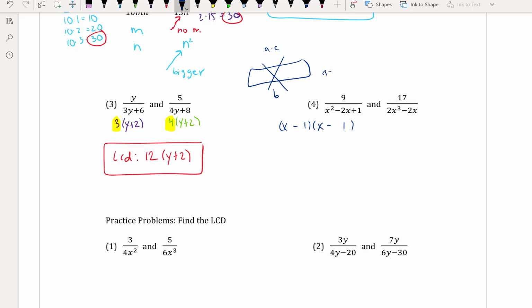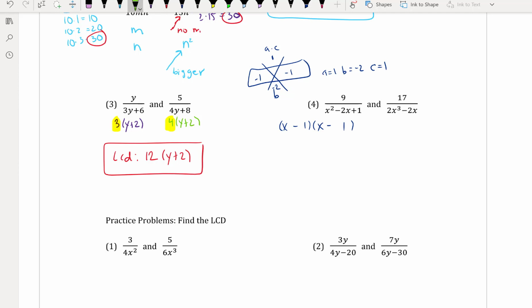So I know my A value is 1, my B value is -2, and my C value is 1. So A times C is a positive 1, my B value is a -2. So if I have -1 times -1, it multiplies to a positive 1, and it adds to a -2. So that's how I do it using the AC method.